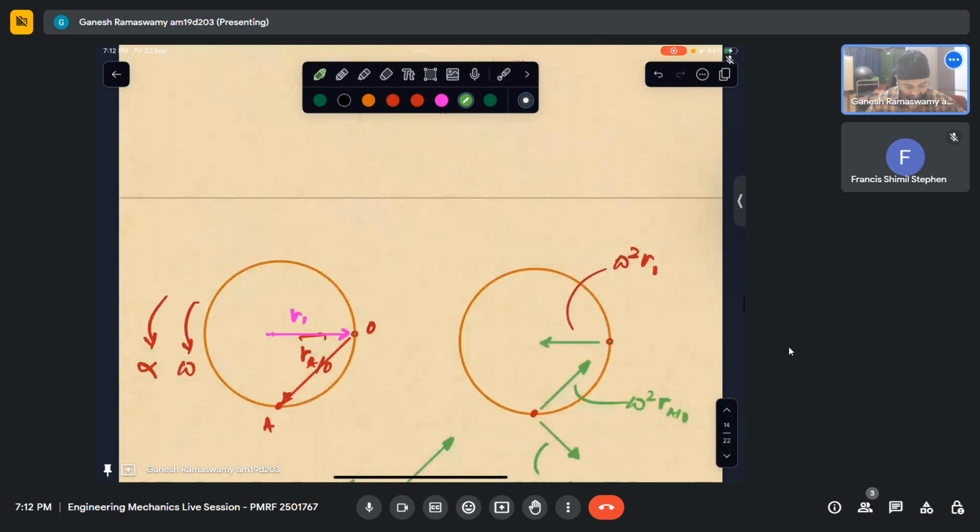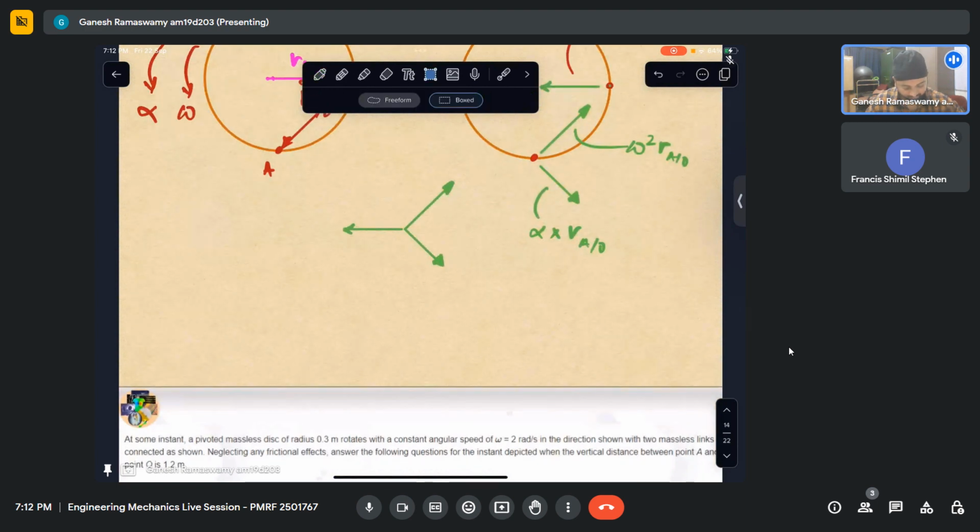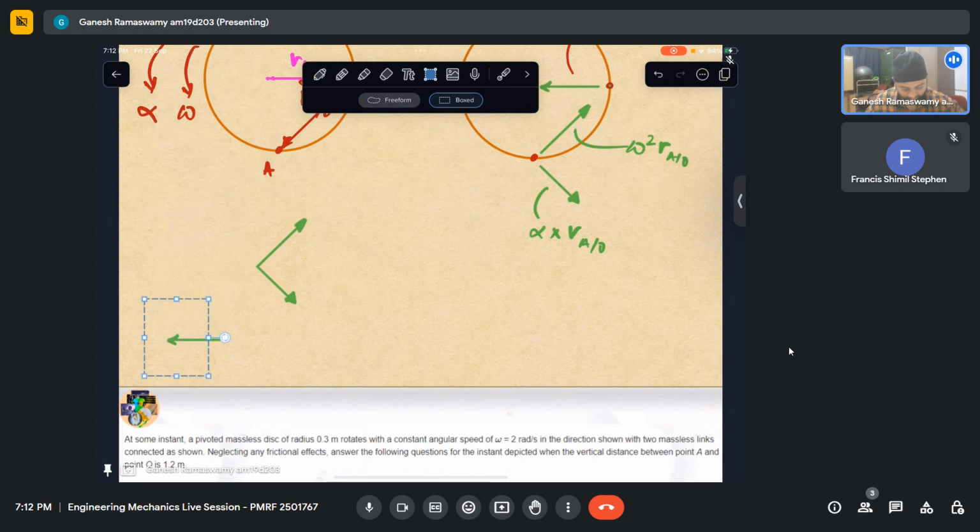So let us go with this itself. So we had it like this. Let us say I took these two initially and I got my resultant like that. So it went here, centripetal plus alpha cross r went here. I got my resultant like that.